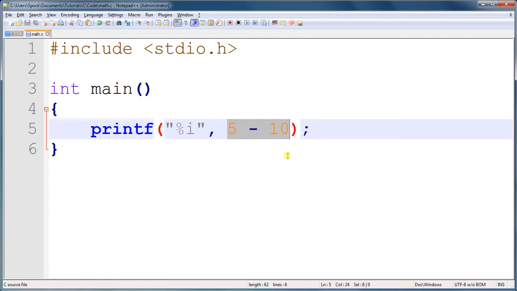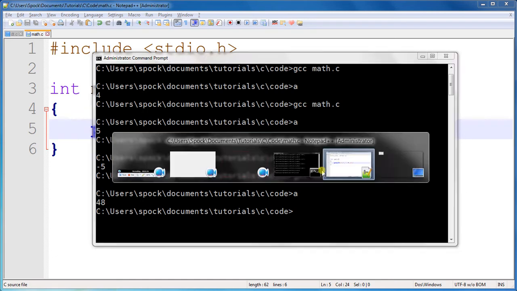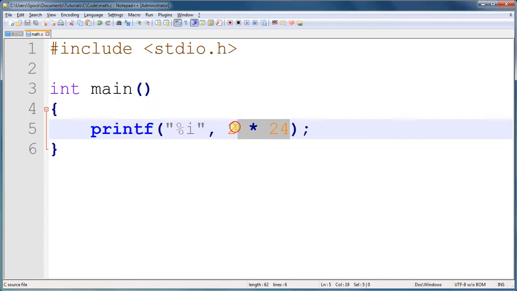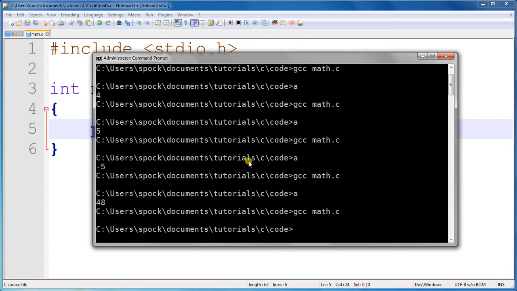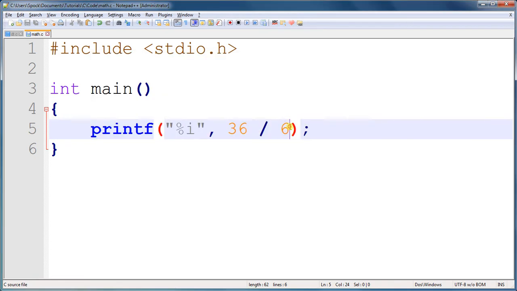Okay, so multiplying 2 times 24 is 48. And now we have division. So we have 36 divided by 6. We get 6.